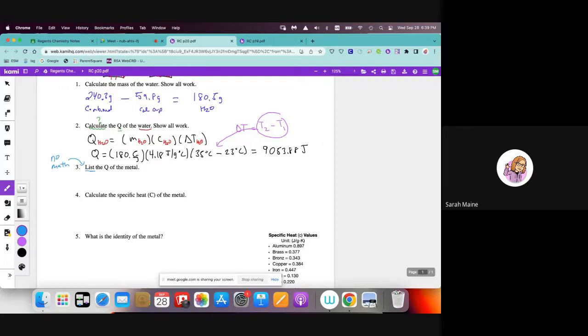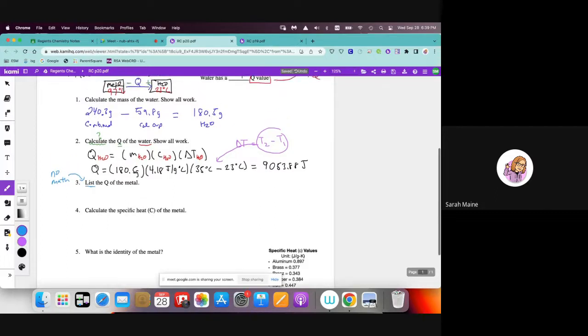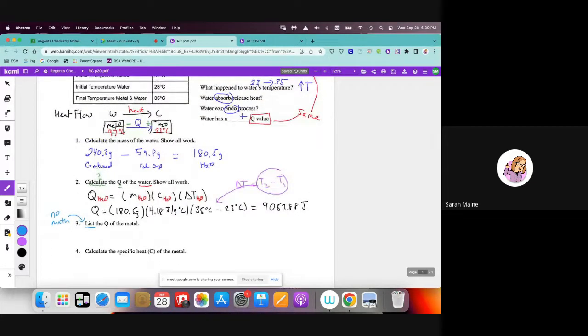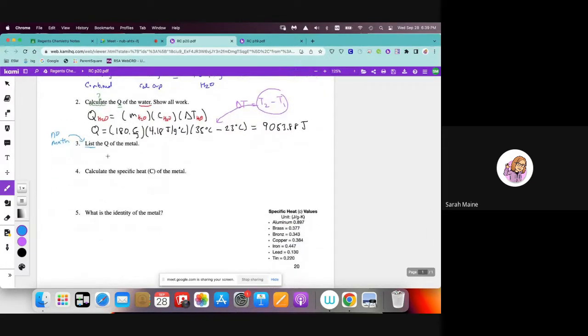To answer number 3, take a look here. What we showed before is that the transfer went from the metal to the water, right? Well, on this line, we can put the actual Q value because the metal is releasing those joules. It's negative. The water is absorbing it, so it's positive.